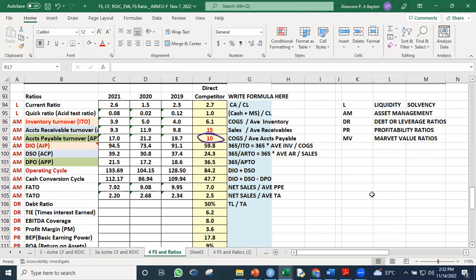Because finance has a role of helping the firm to safeguard its assets, to make sure that the assets are being utilized to the hilt, in an optimal manner.